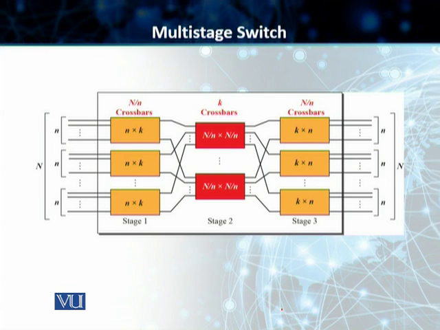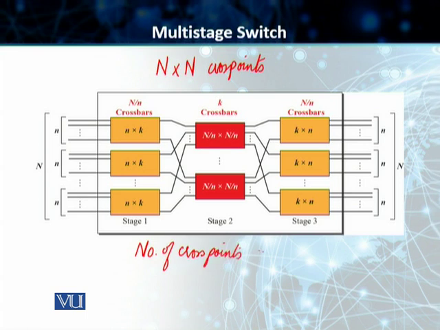Students, what this multi-stage switch does is it actually allows us to have fewer cross points, where the capital N is the total number of inputs. So in this 3-stage switch that you're looking at, the total number of cross points is represented by 2kN plus k(N/n)².